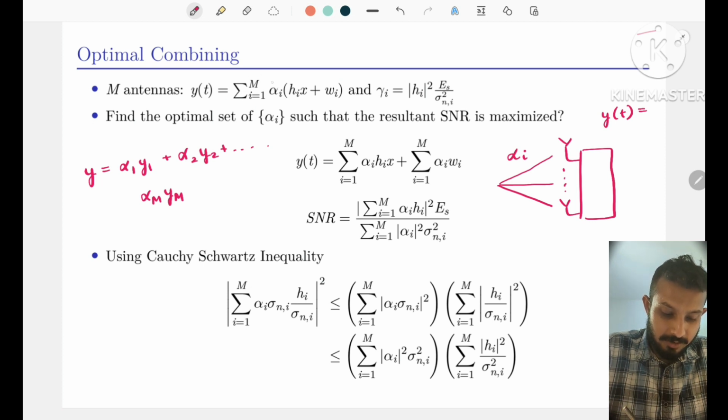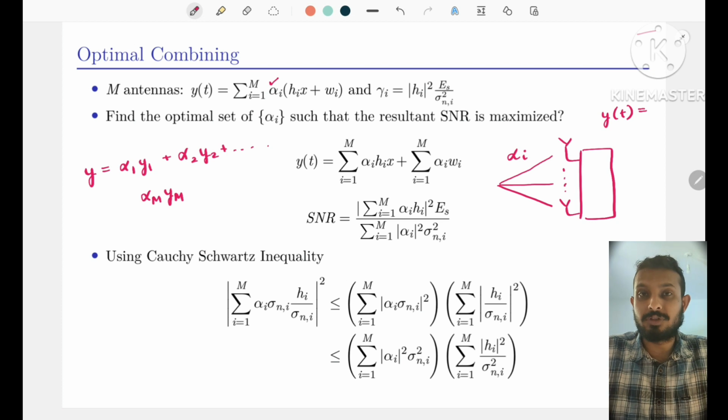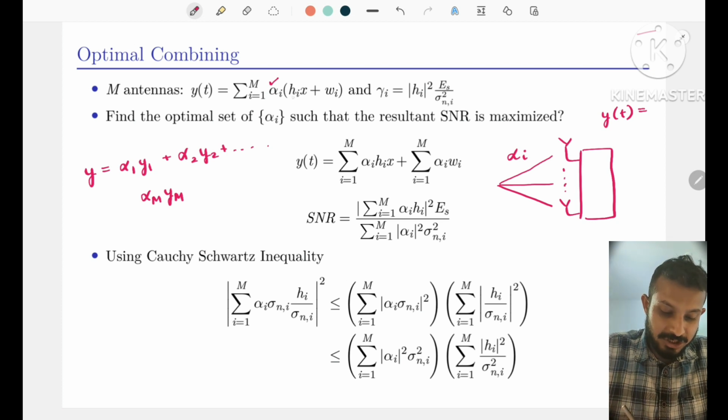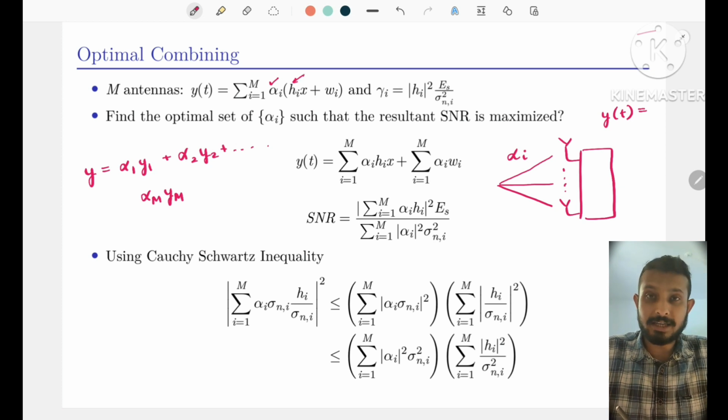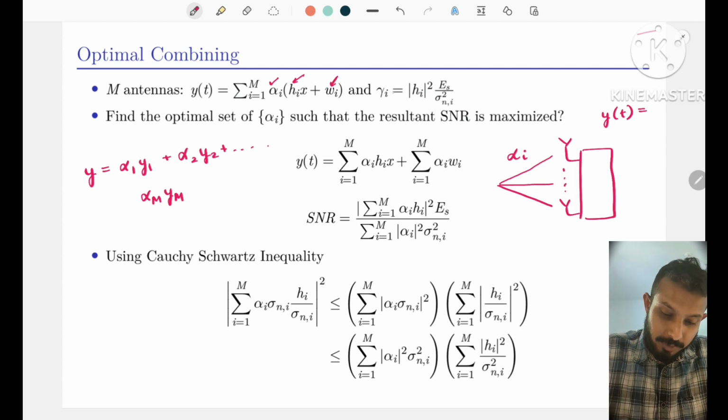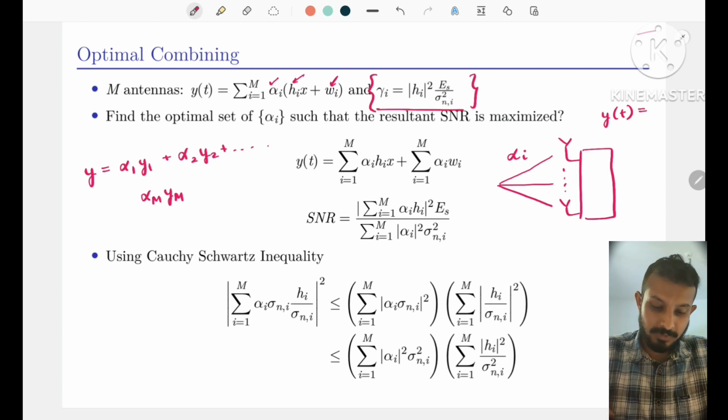We have weight alpha i corresponding to each of the branches, and then we have hi x plus wi. hi is the complex coefficient corresponding to the ith branch, and then we have wi, the noise corresponding to the ith branch. And for the ith branch, we can also compute the SNR, which is given in this form, where we have noise variance corresponding to the ith branch.